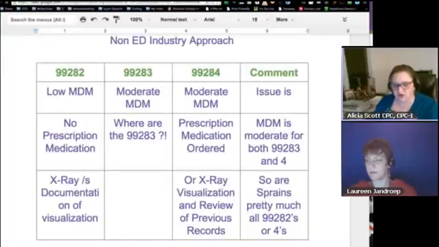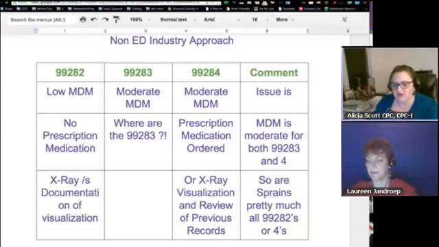99282, you've got the low MDM, medical decision making, and then just do a quick comparison. You've got moderate, and then no prescription medication, it would be a 99282. And then the x-ray is documentation of visualization.